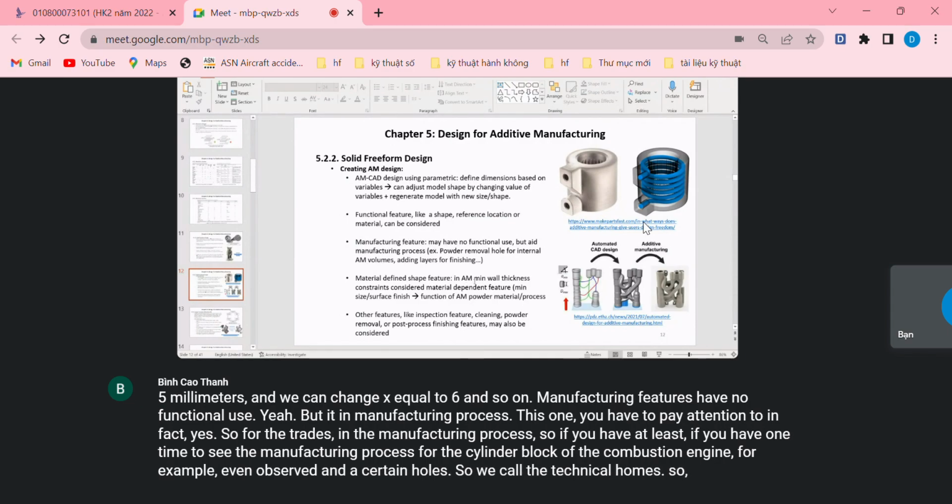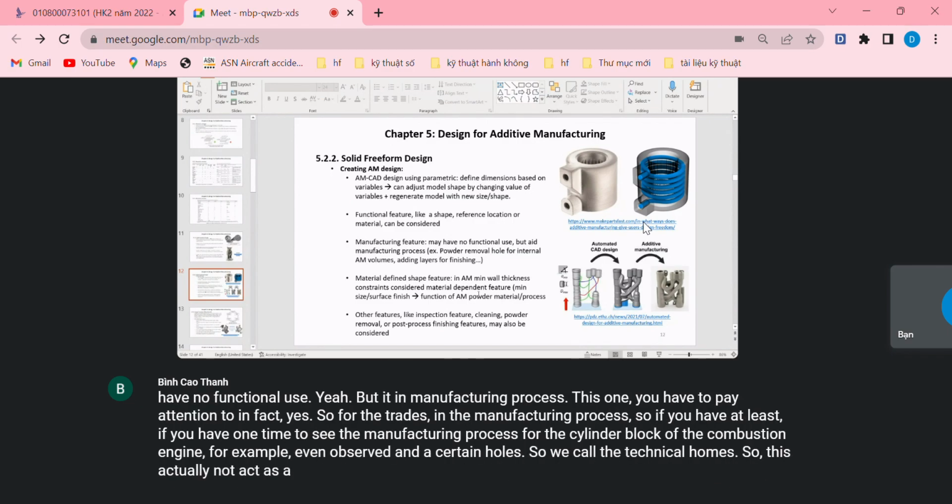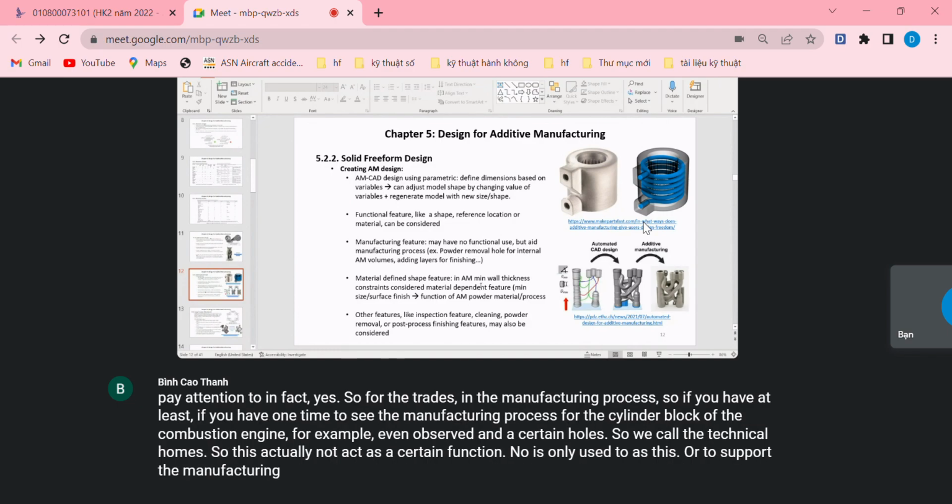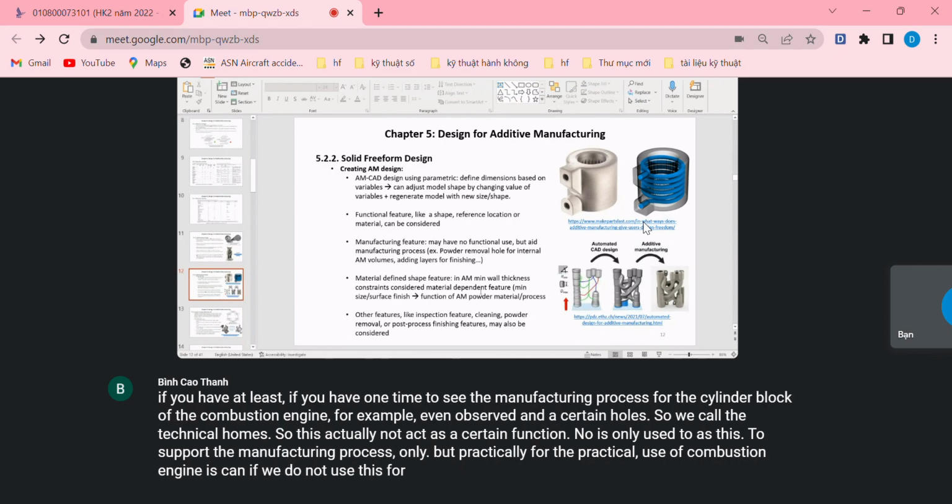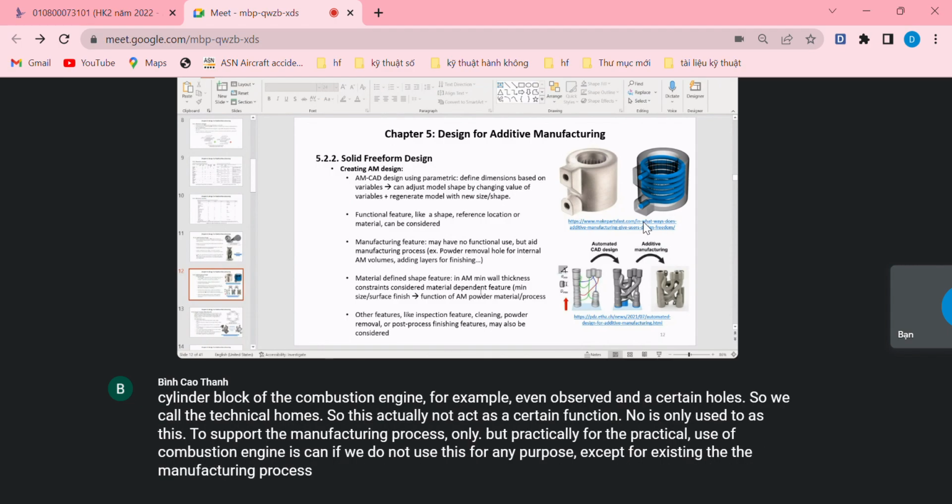They do not serve a certain function. They are only used to assist or support the manufacturing process. Practically, for the practical use of the combustion engine, we do not use them for any purpose except for assisting the manufacturing process.